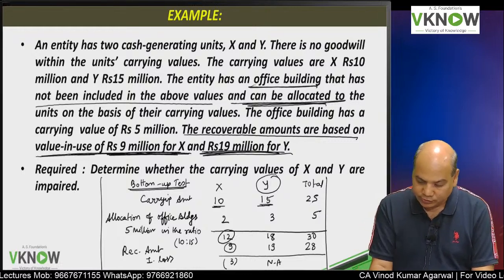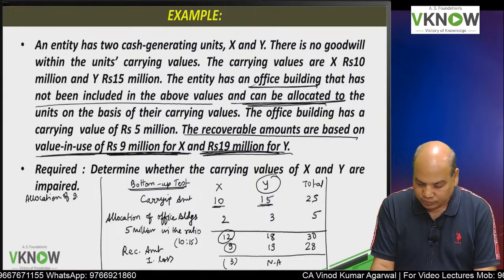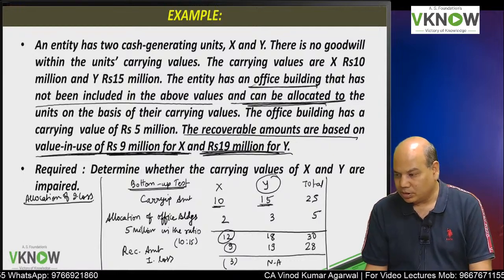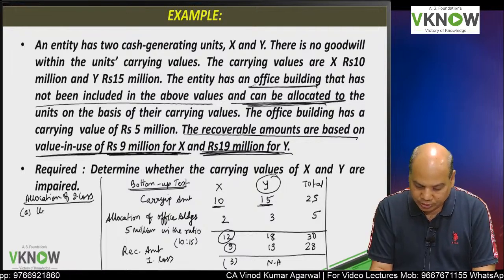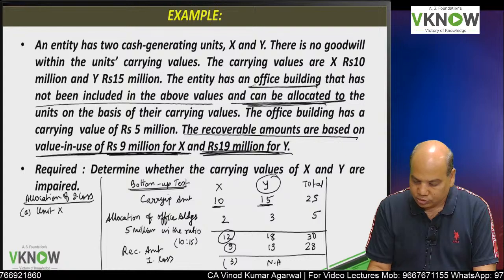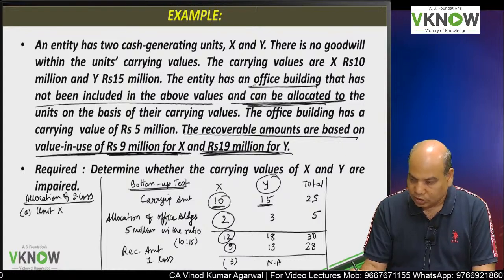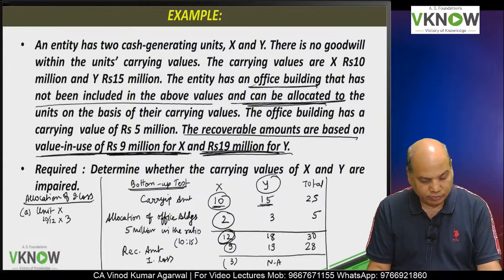Now the next question is, I will write on the left side, allocation of impairment loss. First towards unit X. Unit X carrying amount is 10, HO carrying amount allocated is 2, total is 12. So unit X: 10 divided by 12 into 3.